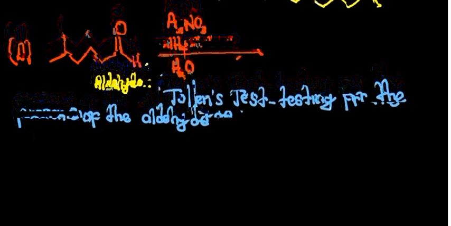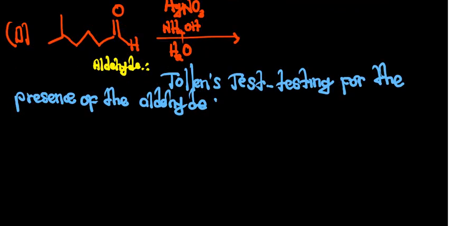So we want to show the reaction mechanism. And since we're testing for the presence of the aldehyde, I want you to know that when the silver nitrate reacts in the presence of the aldehyde, to say the aldehyde was present there, we're going to have a carboxylic acid in the end. So after showing the reaction mechanism, our end product from this reaction is this. We're still going to maintain our structure, and the double bond will still go there, and then we need to get a carboxylic acid.